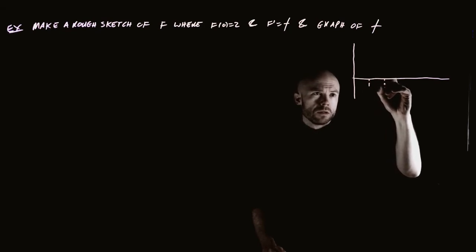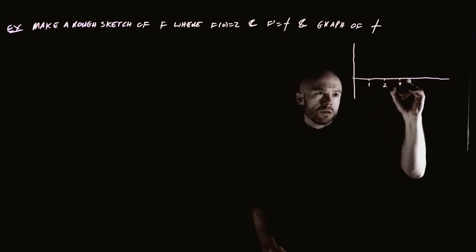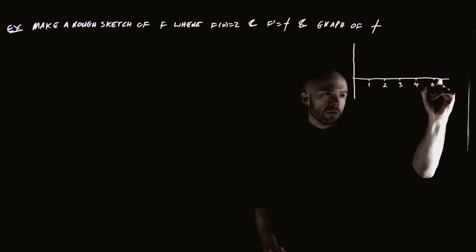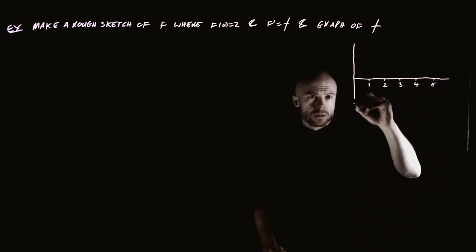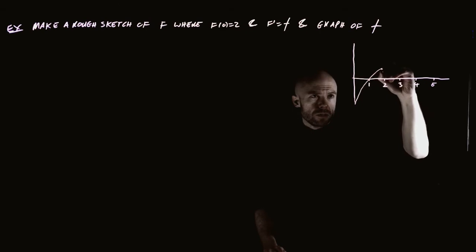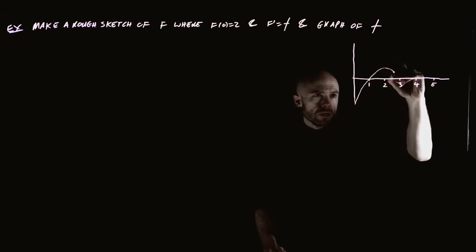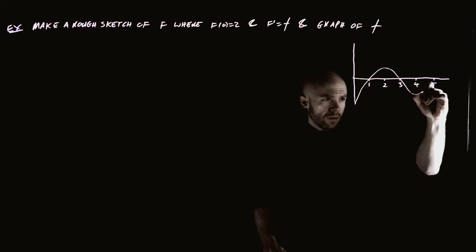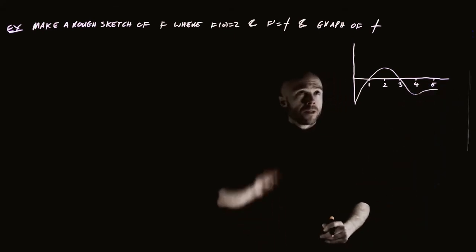One, 2, 3, 4, 5, and it looks like this. Goes up like this, it reaches some high point at 2, it comes down, it reaches some low point at 4, starts to come up again, doing something like this.